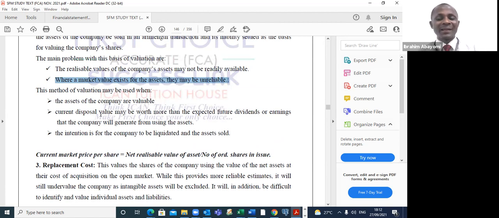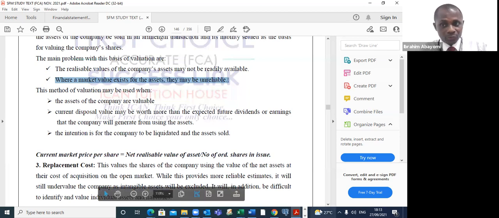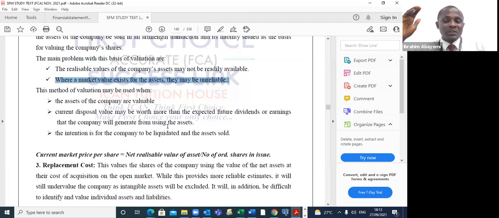You can also use market value where you think that if you dispose of that asset, the amount you are going to realize will be above the carrying value of that asset. So market value will be appropriate in that situation. That is, if I want to sell this my phone, the carrying amount is 50,000. But I know that I'll be able to sell it for 60,000. So if I want to carry out valuation of my business, I better value the business based on the market value of the assets.